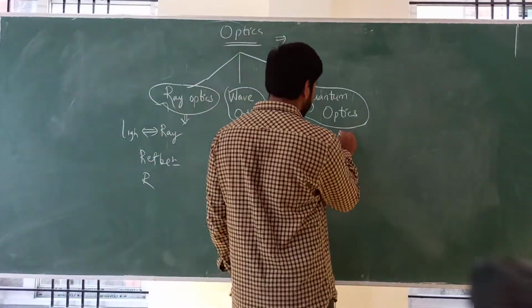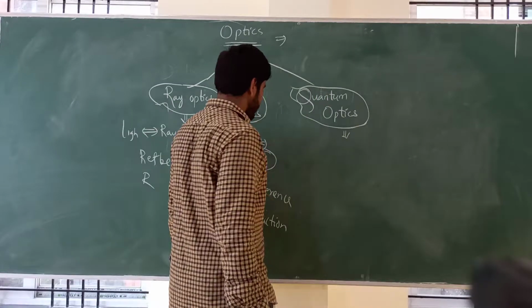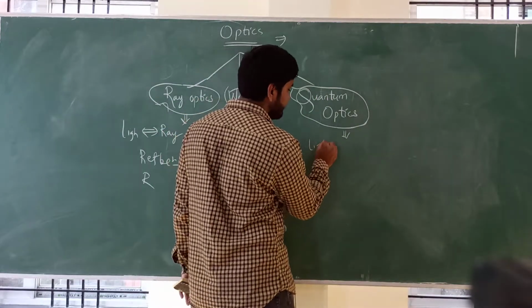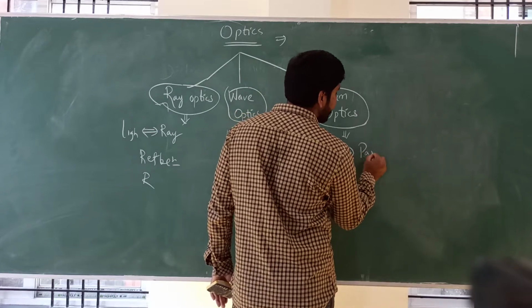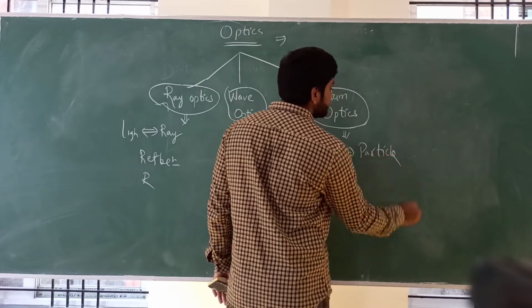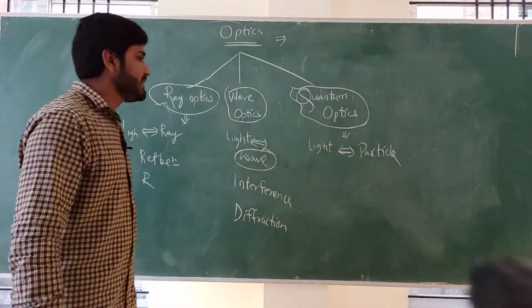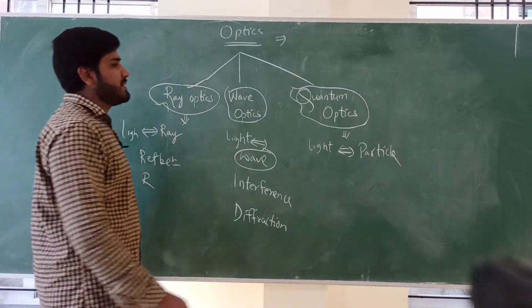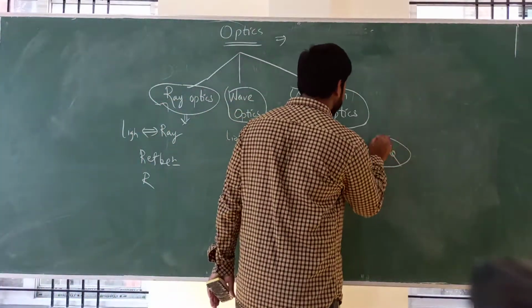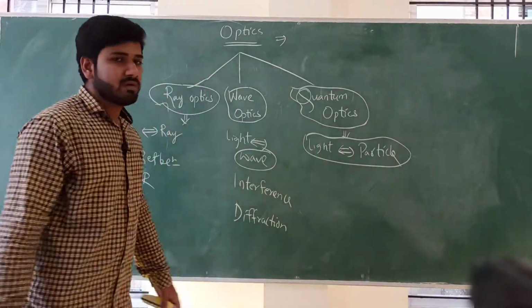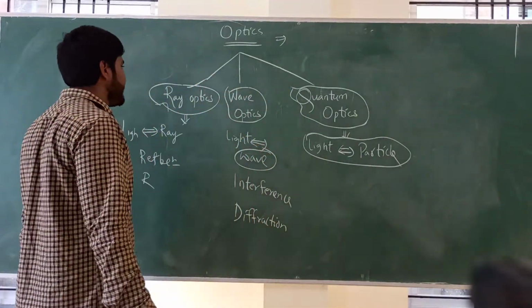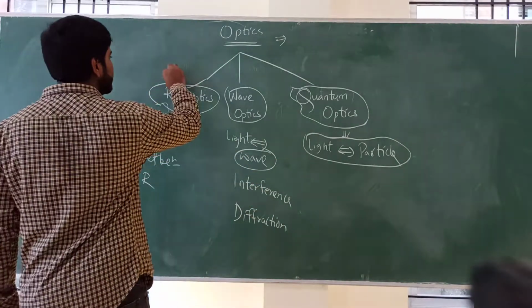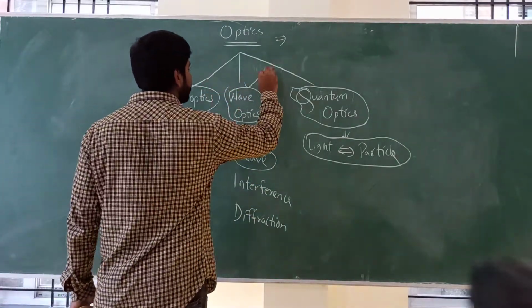In case of quantum optics, here we consider light as a particle, and we study certain phenomena there. So that branch is called quantum optics. For your syllabus, for PU1, for PU2, for PUC second year, there are only ray optics and wave optics.